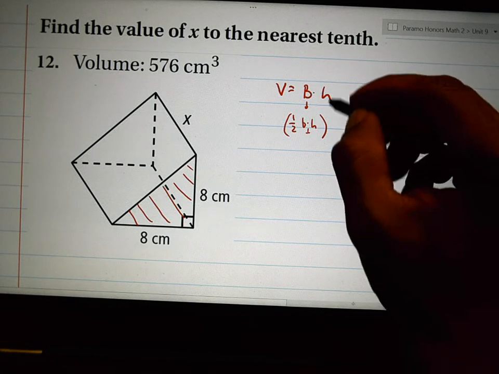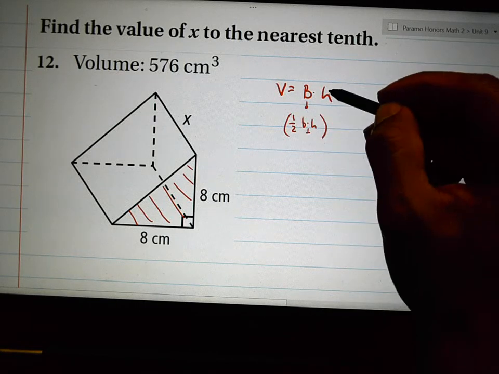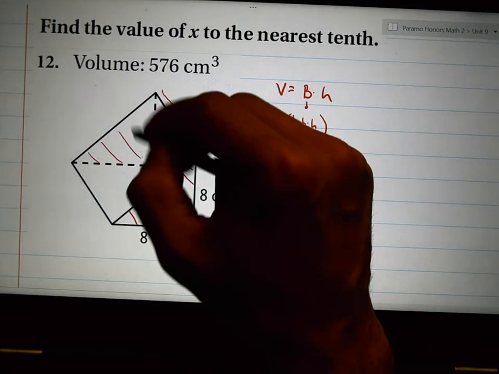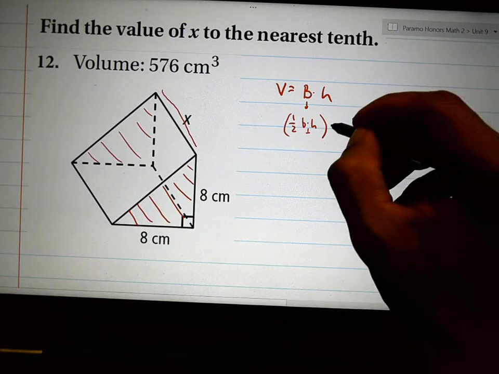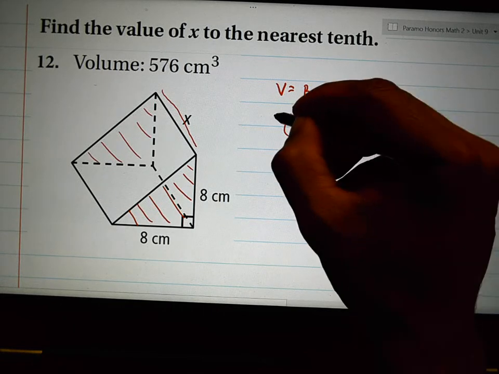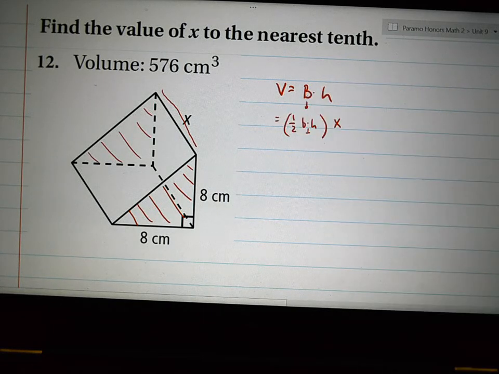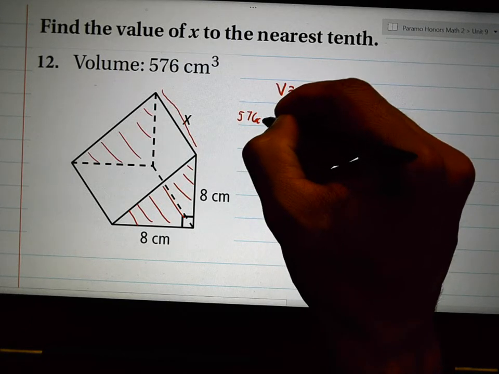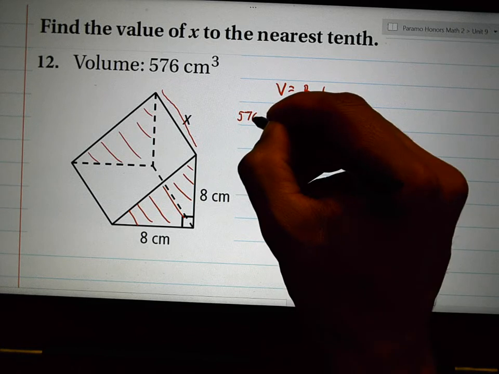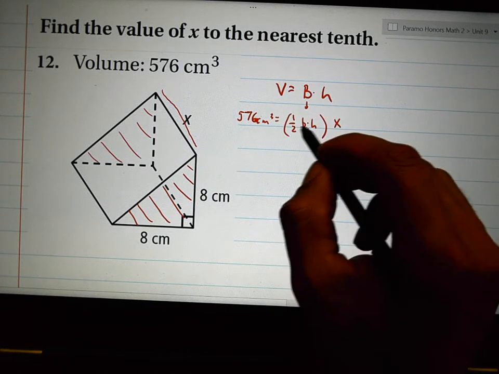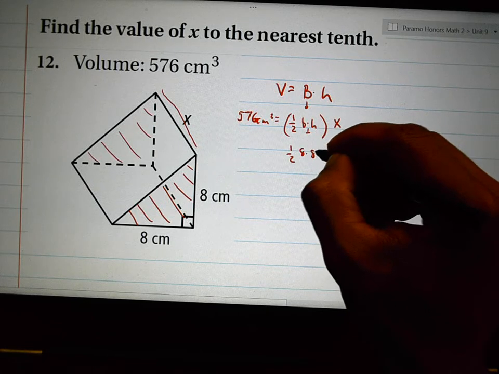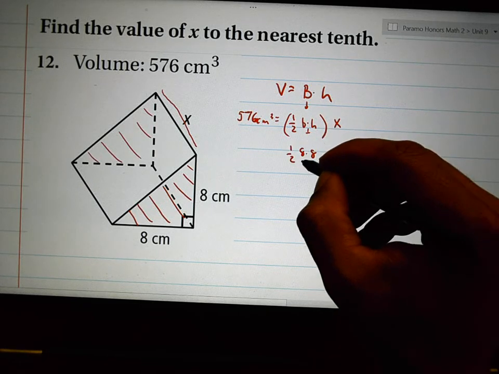And the height in this formula is talking about the distance from one base to the other base, which is going to definitely be x in this case. So I know what the volume is. The volume is 576 centimeters cubed. I know what the little base and the height is of that triangle. It's 8 and 8. 8 centimeters and 8 centimeters.